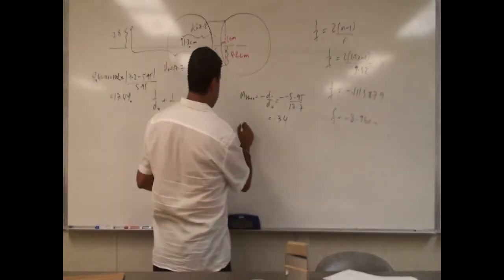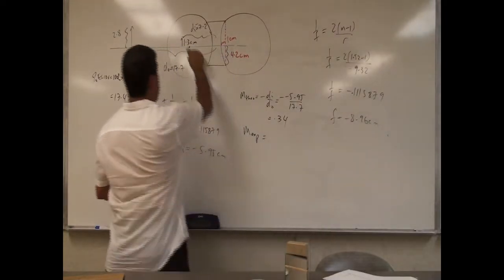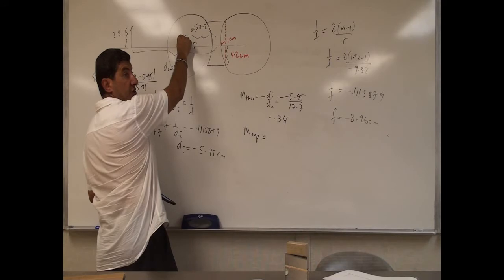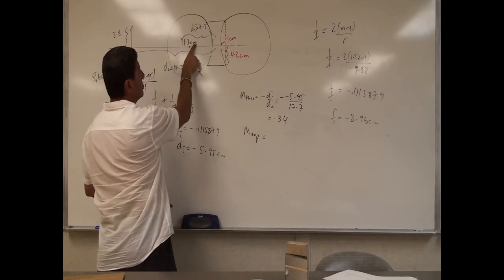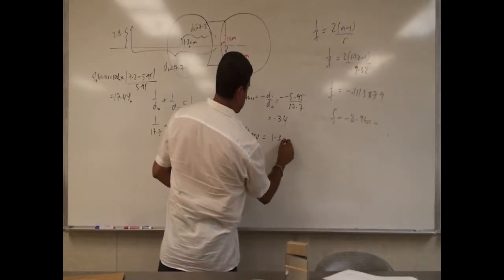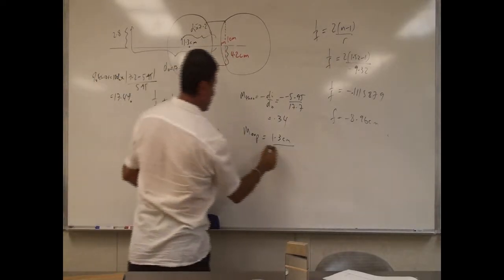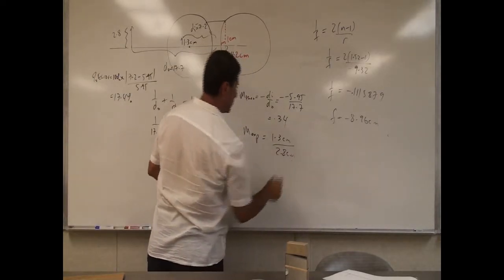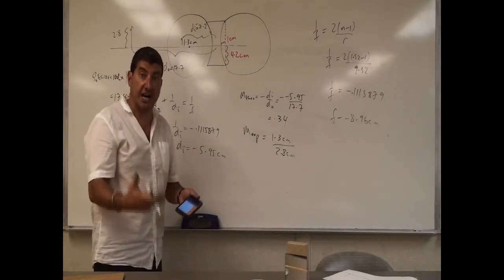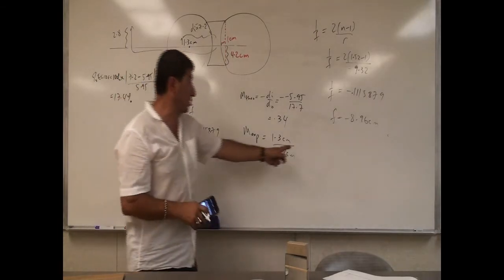The experimental magnification is what? Well, actually, I measured the height of the image, and I got 1.3, right? So 1.3 centimeters. Then I divide that by the height of the object, 2.8. Right? So I'm actually measuring their heights, and I'm dividing them, I'm getting a ratio.